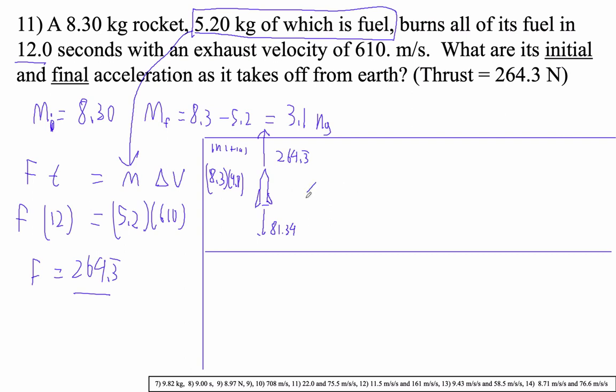So when we set up our expression, we go positive 264.3 N minus the force of gravity, 81.34, equals the mass, 8.3, times a. So 264.3 minus 81.34 is 182.99.